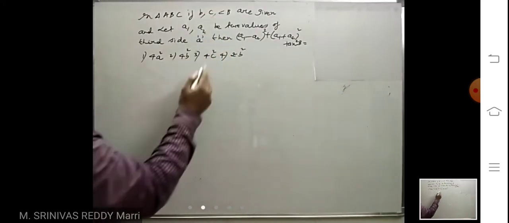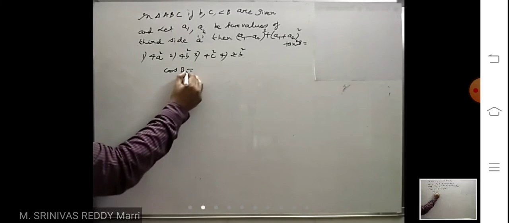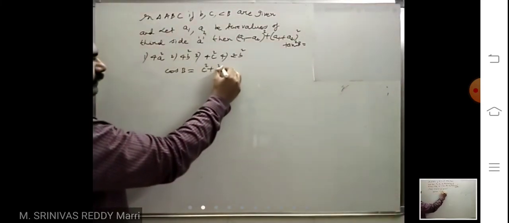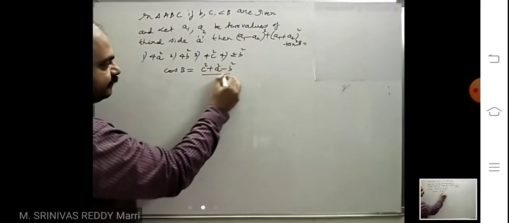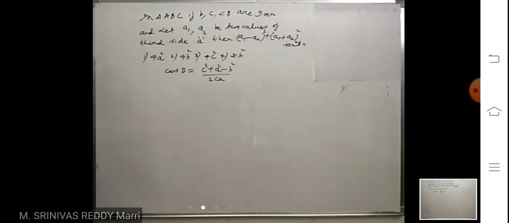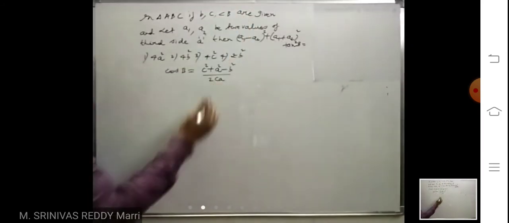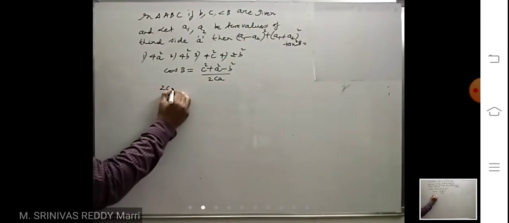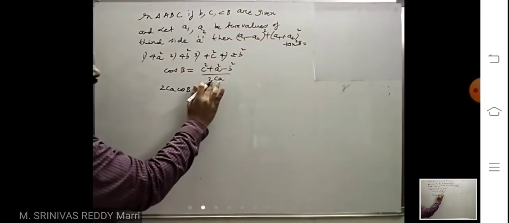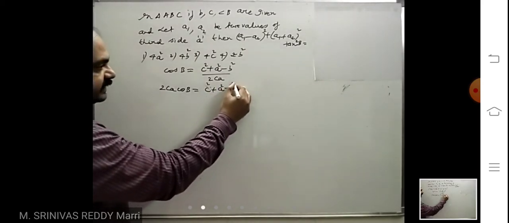Now immediately we will write cos B and form a quadratic equation in a. cos B equals (c square plus a square minus b square) divided by 2ca. So 2ca cos B equals c square plus a square minus b square.